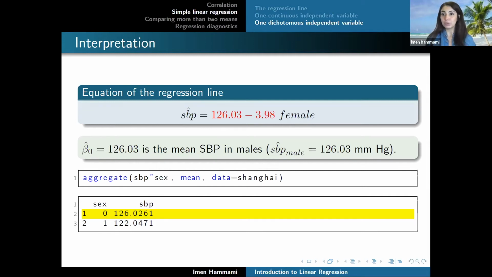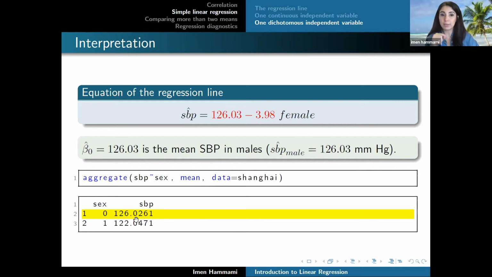So in the output from the software, you're going to have two numbers. The first one is the mean level in the reference group, which here is males. The second number is the difference between males and females. So this is how we read it. This could be done very easily by tabulating the mean in males and females.